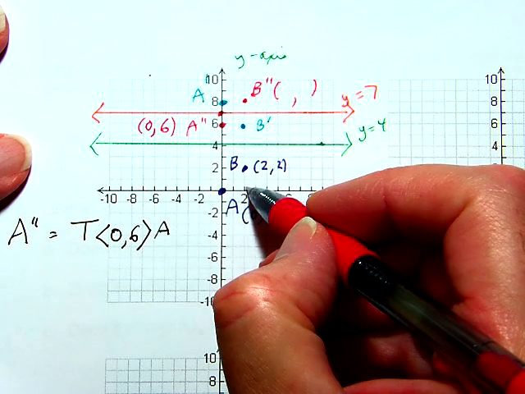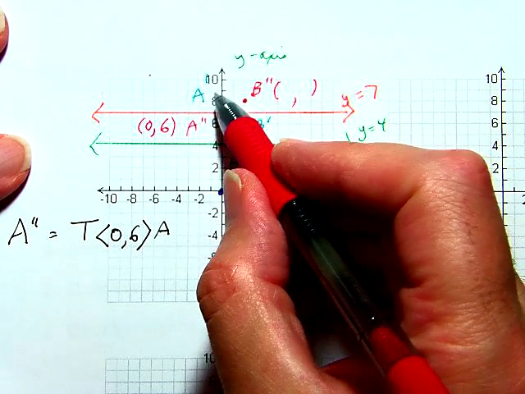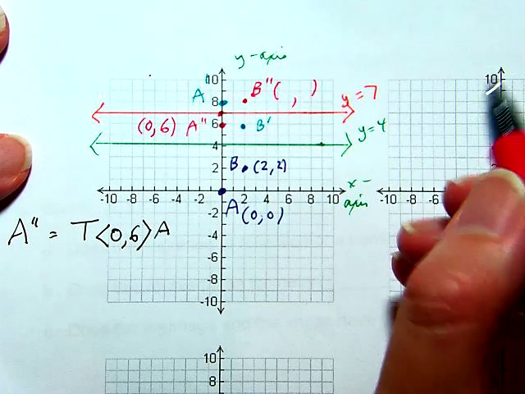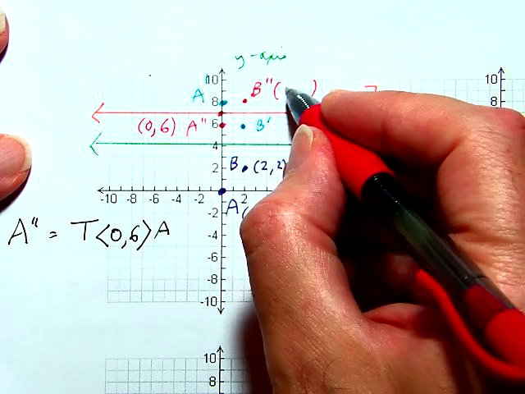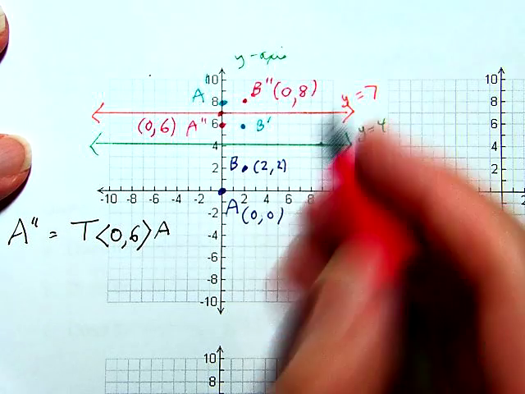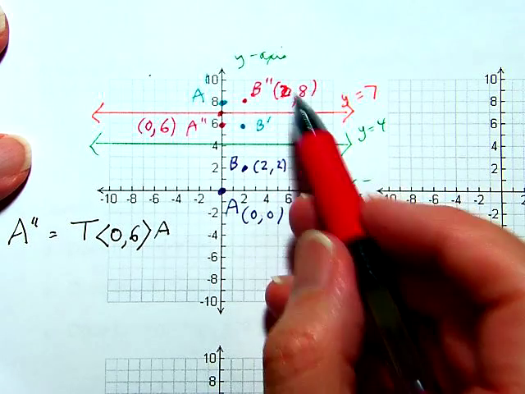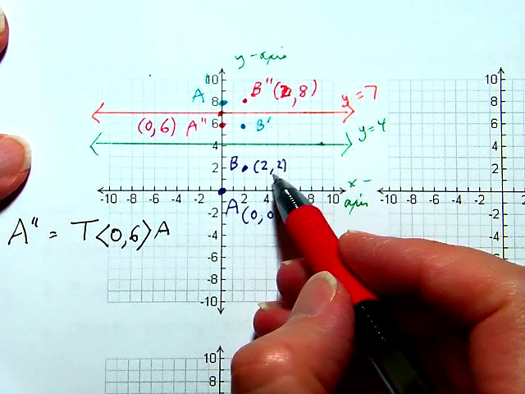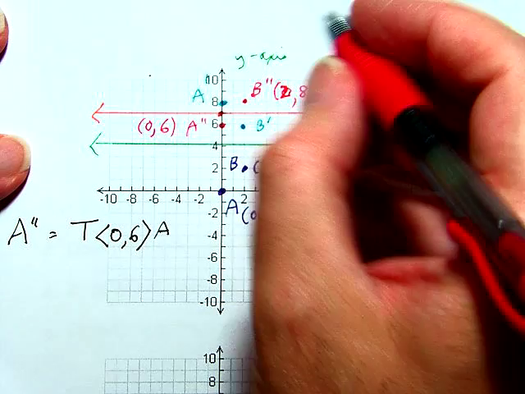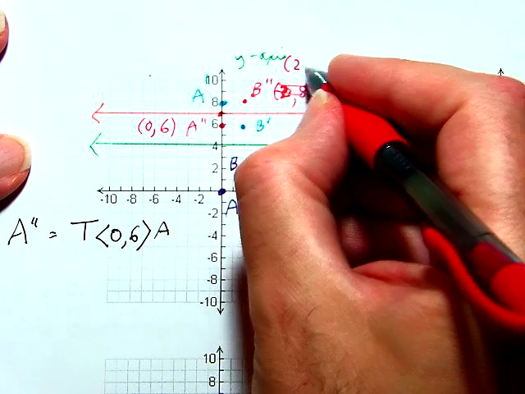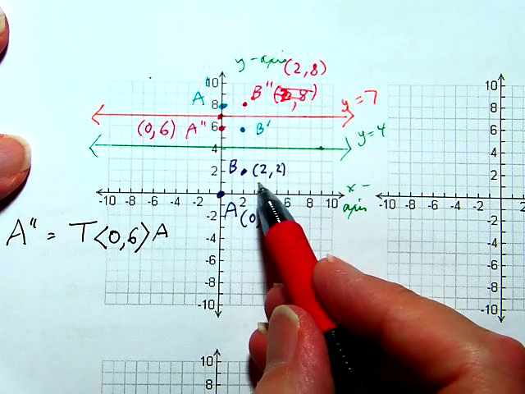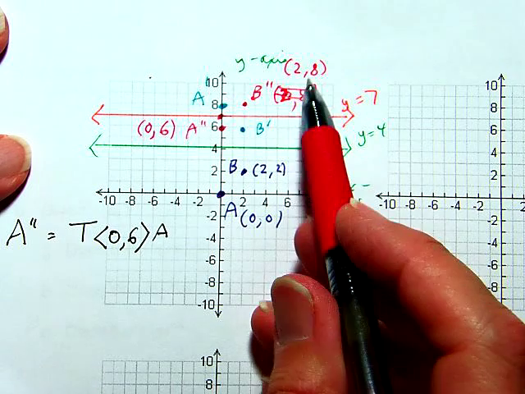It's 2 on the x-axis, and how far up on the y-axis? I think we can see it's 8 up. So it's 2, 8, my mistake there. We started at 2, 2, and we ended up at 2, 8.